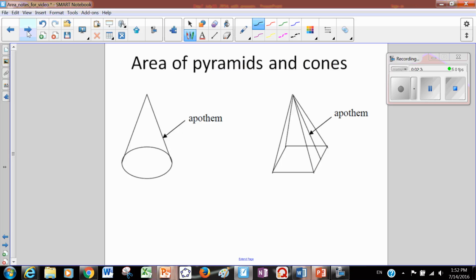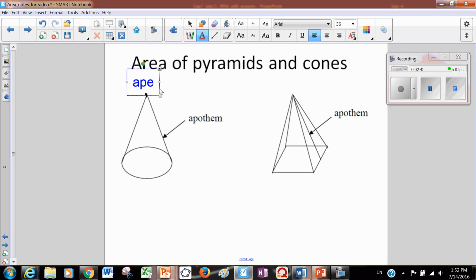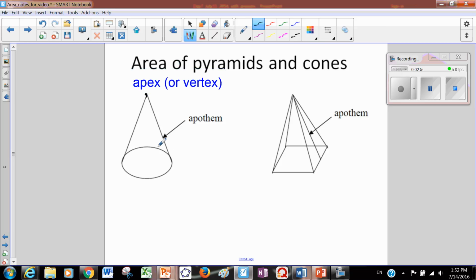But when we have pyramids or cones, where is the base? At the top here, you have what we call the apex, or sometimes it's called the vertex. And you have that on both the pyramid and the cone. What's important is that you identify your base.